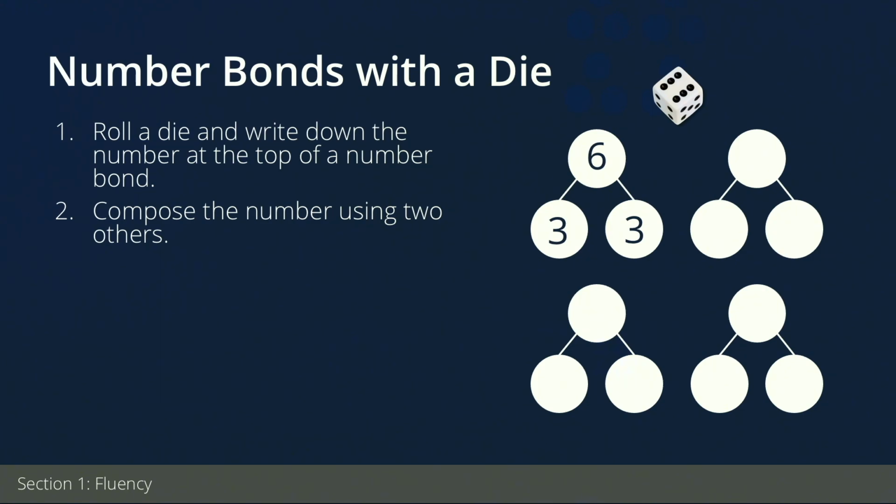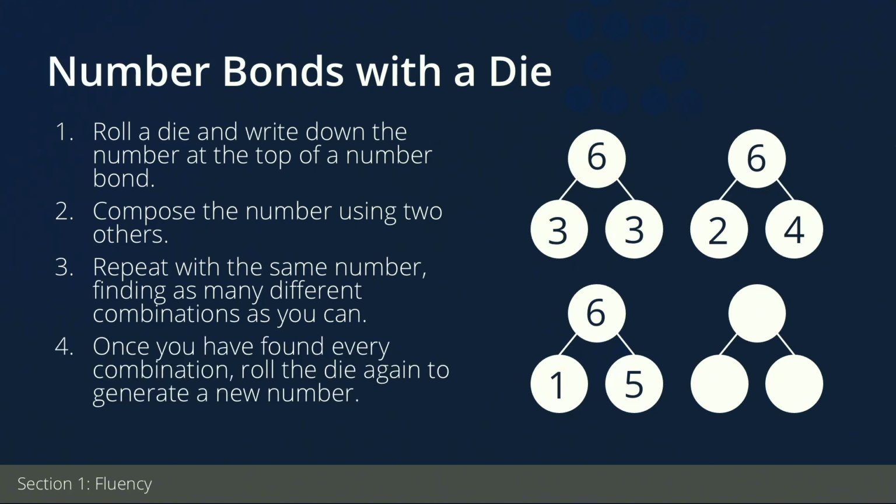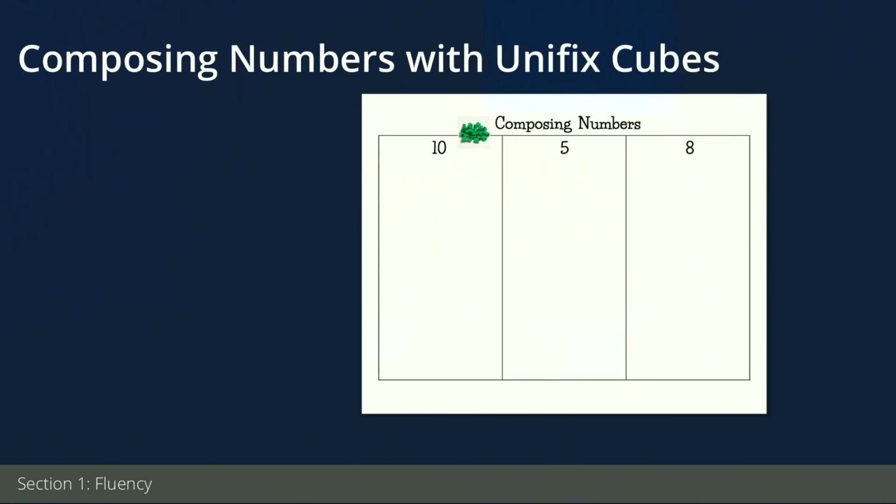Then I could think, well, there are other ways that I can make 6. 6 is 2 and 4, or 6 can be made of 1 and 5. And then once I've figured out all the different combinations there, maybe I roll the die again. And now I have 4, and I think about, well, what are the ways that I can compose 4?